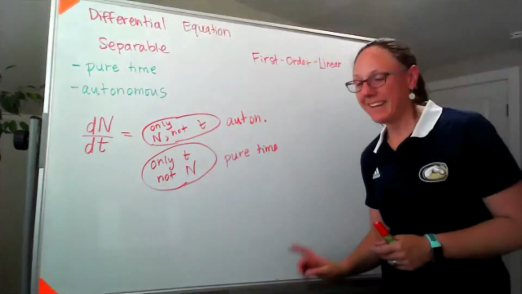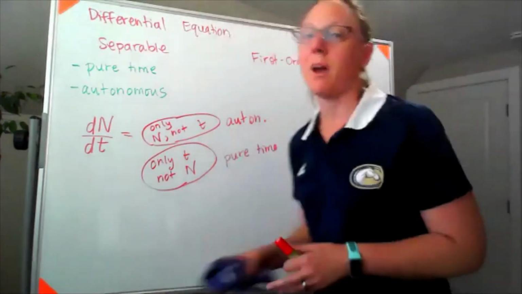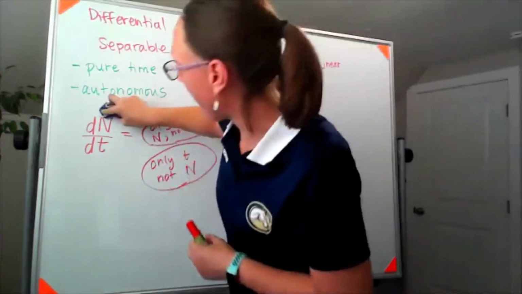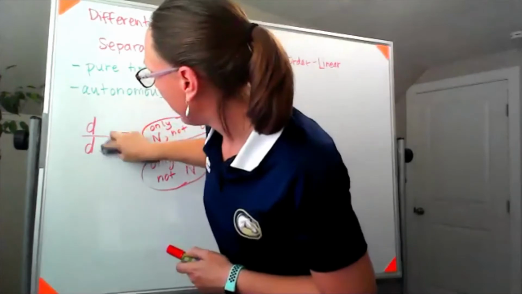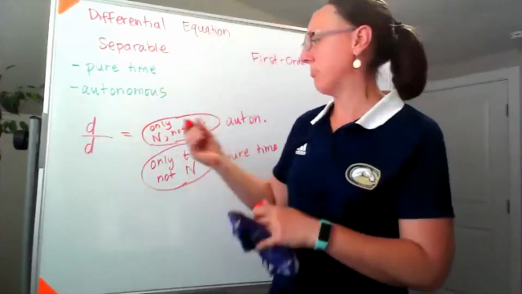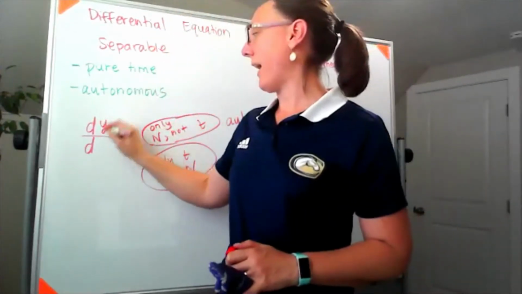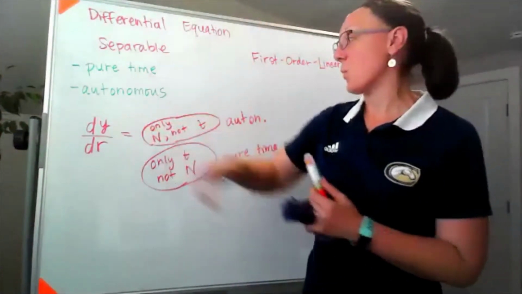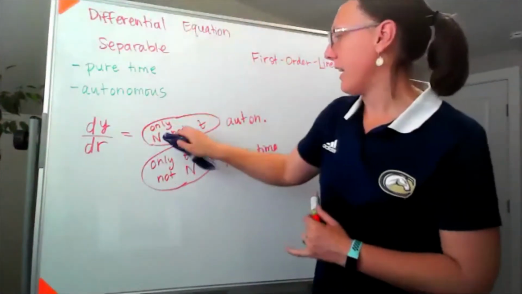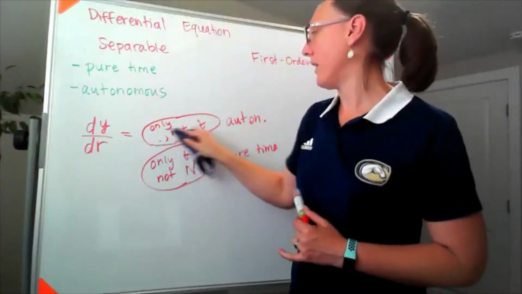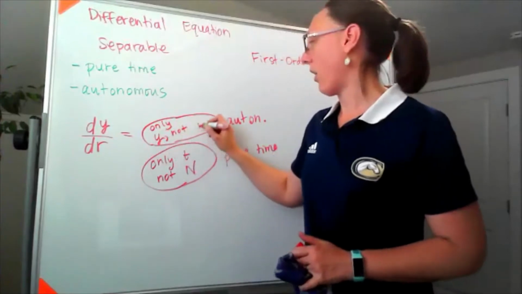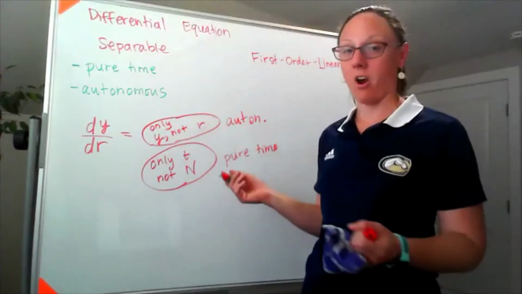But even if I change the variables up, we still call this autonomous and pure time. So for example, if I made this dy/dr, well now, because y is in the numerator, if this included only y and not r, then we would call it autonomous.